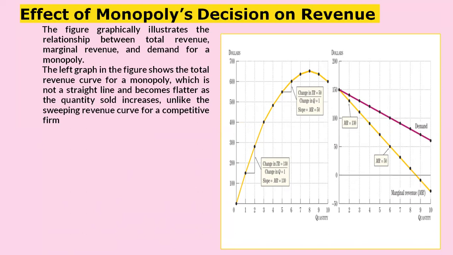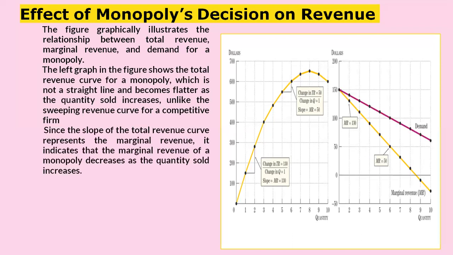The left graph in the figure shows the total revenue curve for a monopoly, which is not a straight line and becomes flatter as the quantity sold increases, unlike the sweeping revenue curve for a competitive firm. Since the slope of the total revenue curve represents the marginal revenue, it indicates that the marginal revenue of a monopoly decreases as the quantity sold increases.